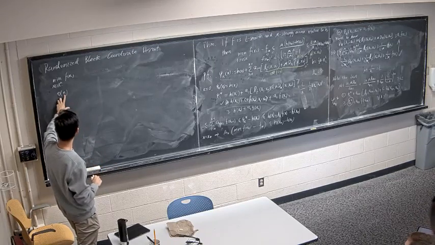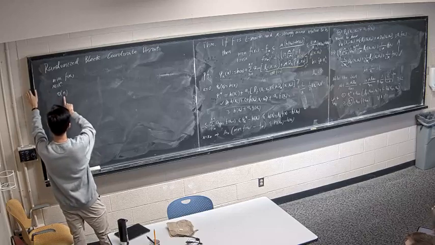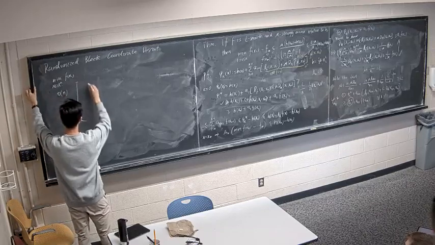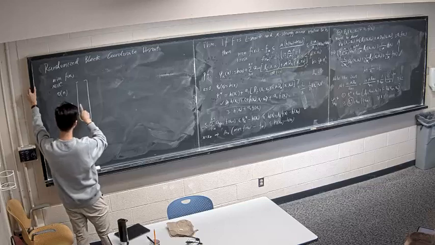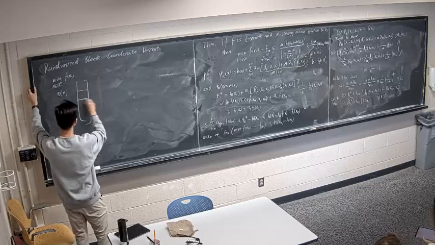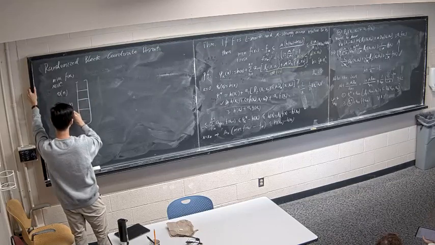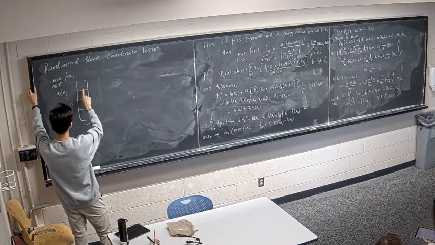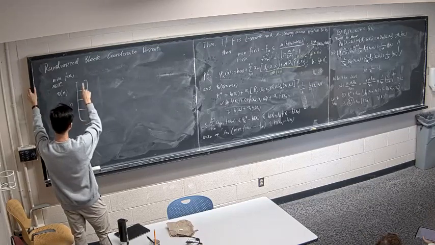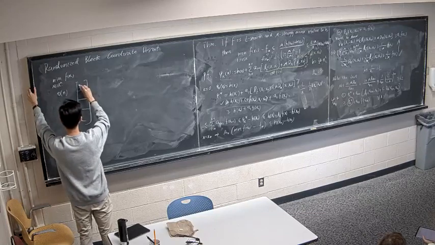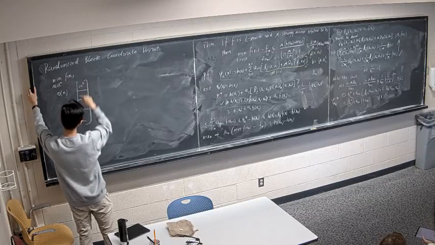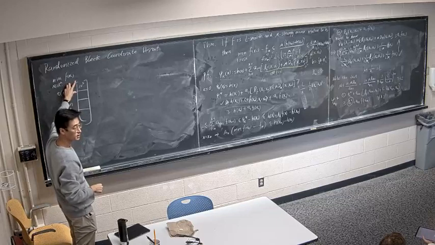So the idea is to break this long vector, this n-dimensional vector, into small pieces. For example, when n is 1 million, maybe you break it into pieces where every piece is just a vector of dimension 1000.